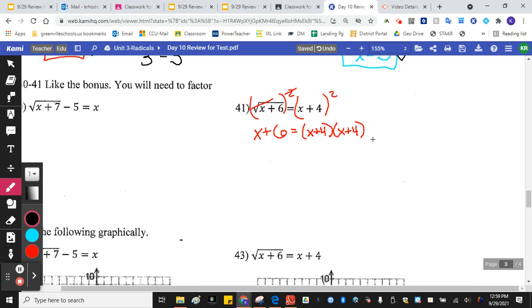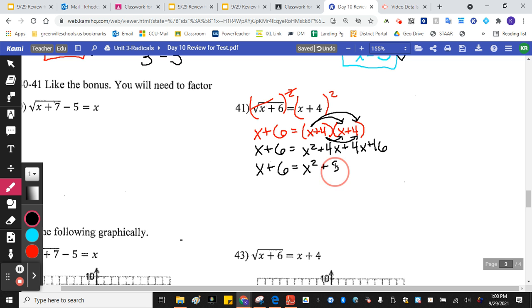Then we'll have to distribute. X squared plus 4x plus 4x plus 16. Eight x plus 16.